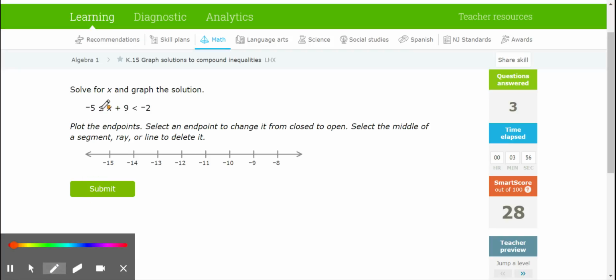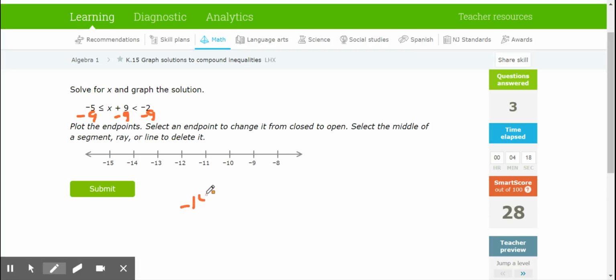Once again, negative 5 is less than or equal to x plus 9, and x plus 9 is less than negative 2. This is pretty simple. Not much going on with the variable inside, so we'll just subtract the 9 to get the x by itself and subtract it in all 3 areas. Negative 15 minus 9 is going to be negative 14, which is less than or equal to.